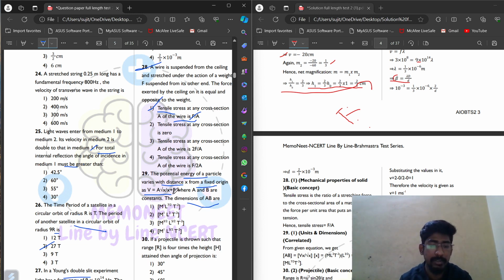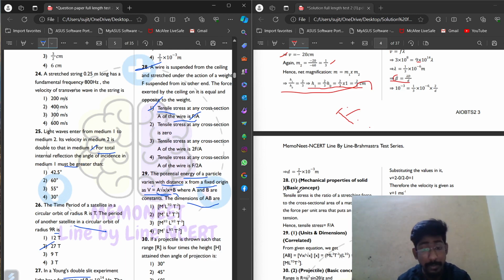So the dimension of B and the dimension of V, that is the potential energy, are the same. That means the dimension of B equals the dimension of energy or work done, that is ML^2T^-2, right?